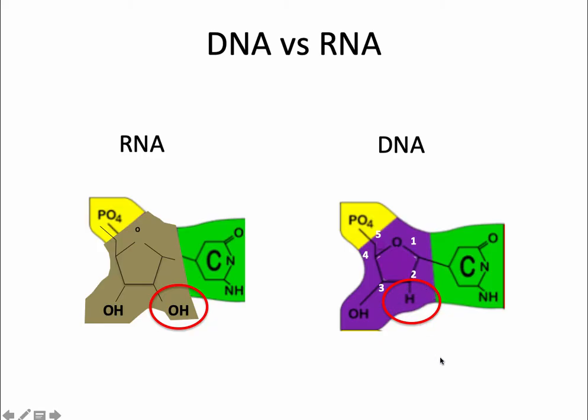If you remember from our previous videos, oxygen is a very electronegative atom, and molecules that have a lot of oxygen are more polar because oxygen makes an uneven distribution of the electrons, pulling electrons towards it. That makes even a neutral molecule like water polar because the oxygen is pulling the electrons towards it.